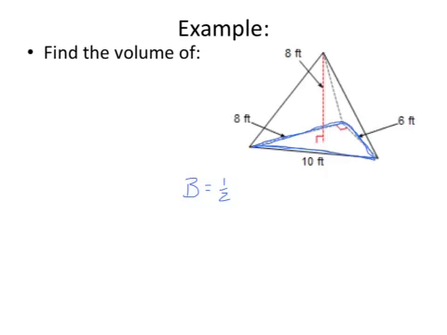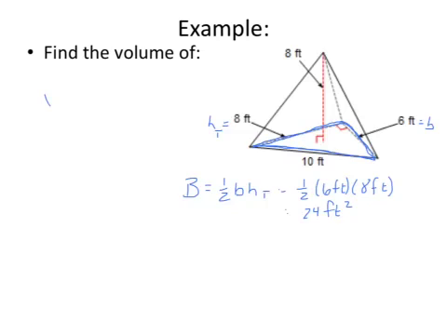And this is my little b and my little h of my triangle, my height of my triangle. So 1/2 base times height of my triangle is going to be 1/2 times 6 feet times 8 feet, which should be 24 feet squared.